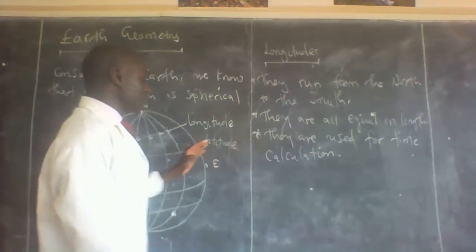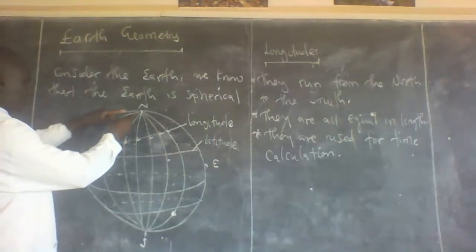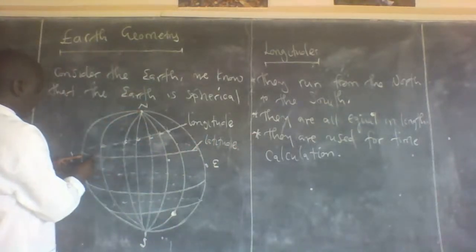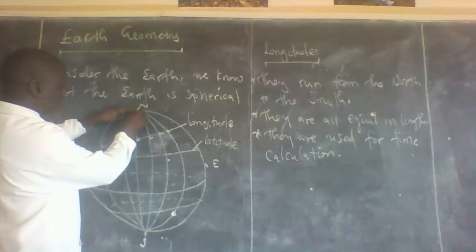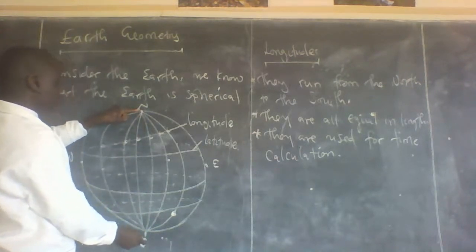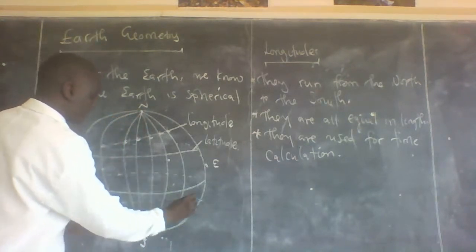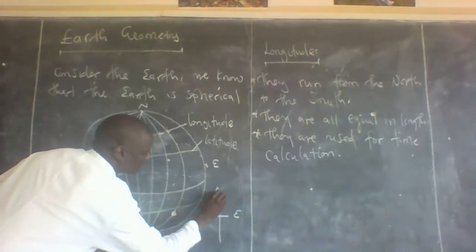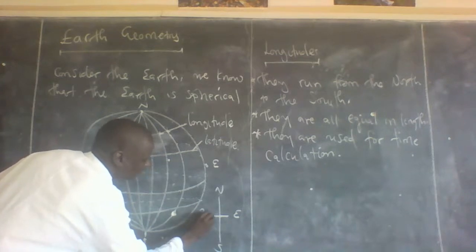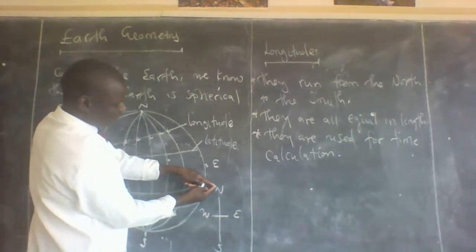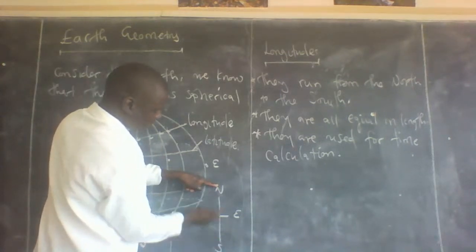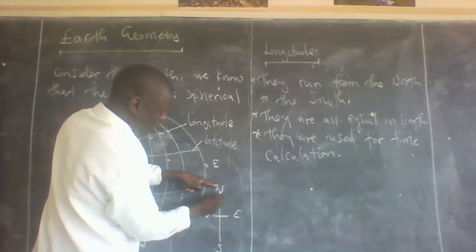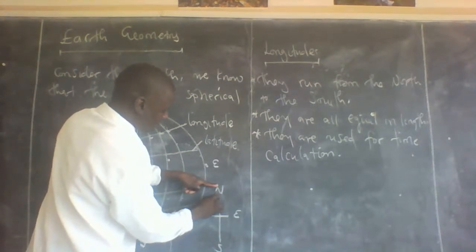Now, they are moving from the north to the south. If you have a compass, like this, east, north, south, west, these lines are moving from the north to the south in that direction.